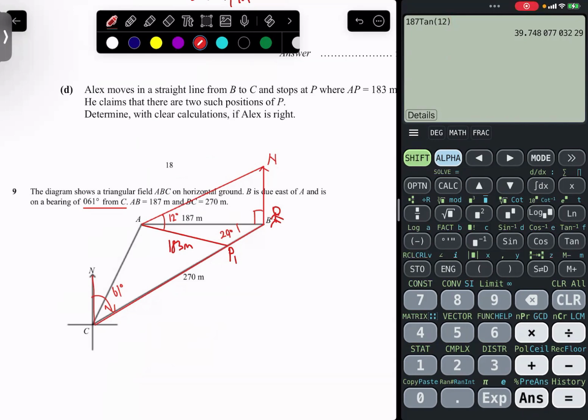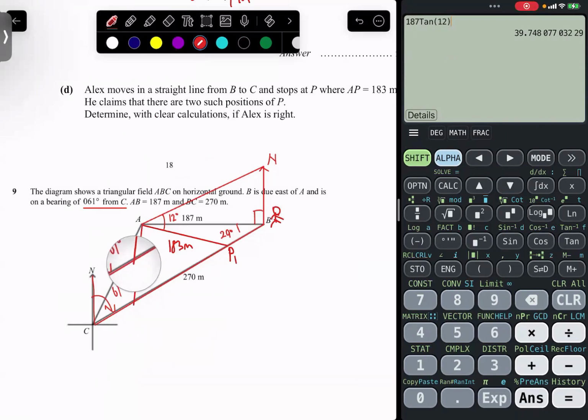He says that there are two such positions, which might be true or false. We don't know. That's what we are trying to determine, whether there's a 183 meters down here as well or not.